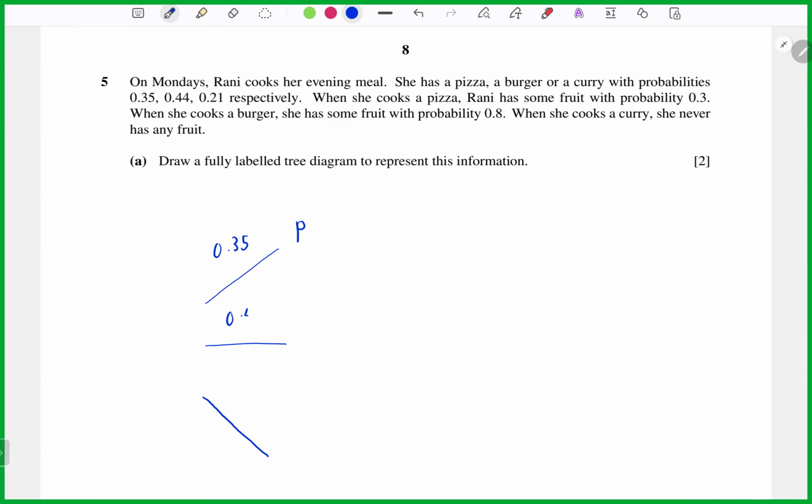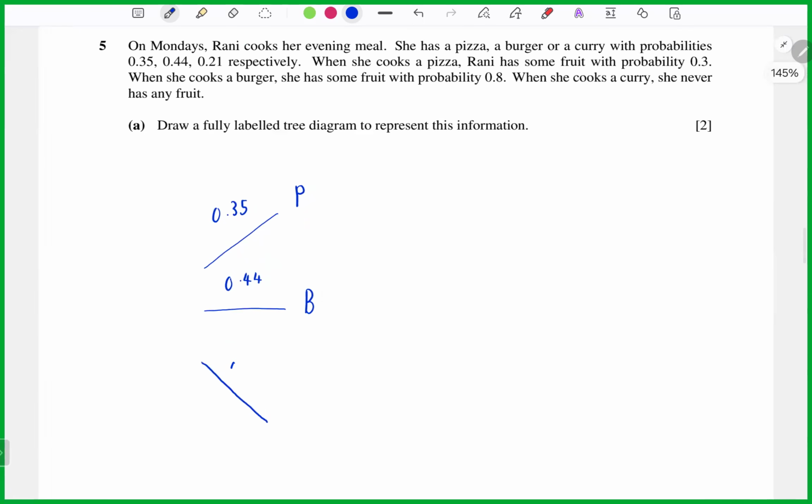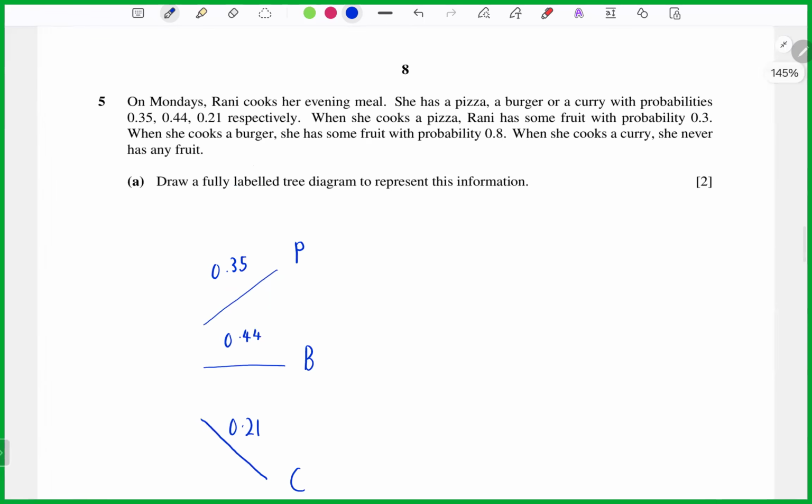Here's 0.44 for burgers. And then for the last is 0.21 for curry. Now let's say Rennie has pizza, right? The probability of fruit is 0.3, so it means she has fruit.